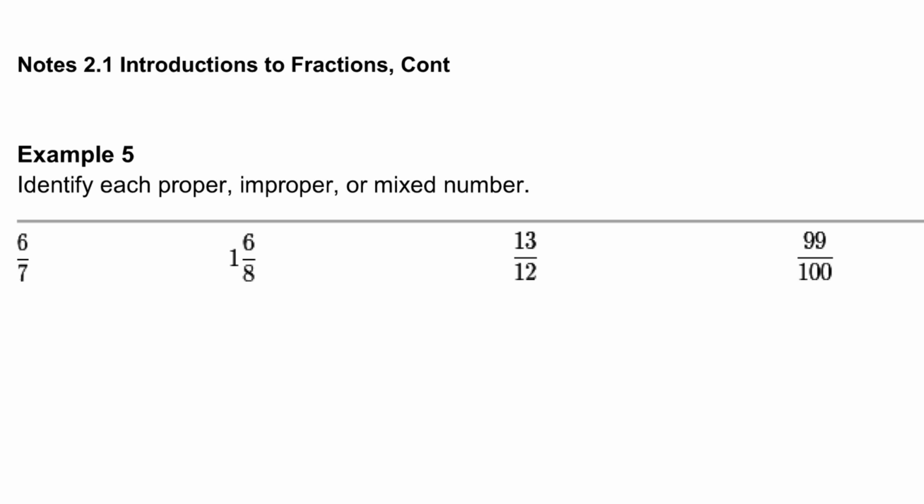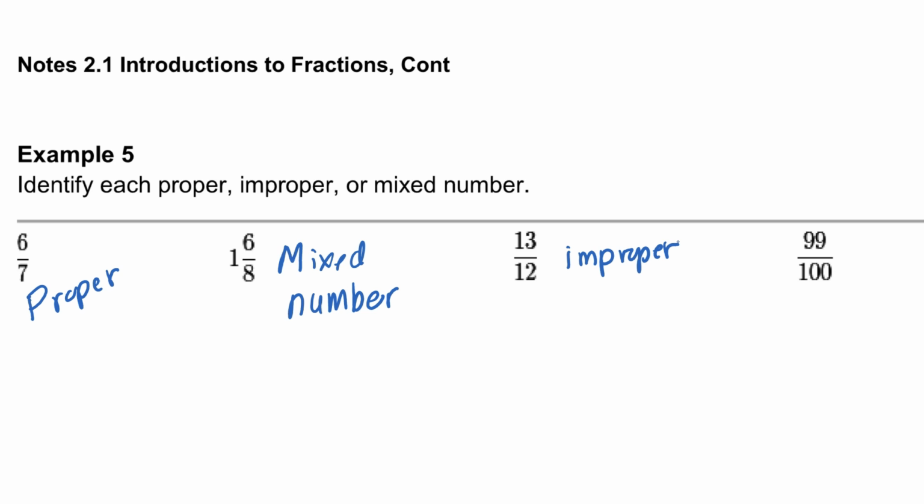In this example, I asked you to identify each as a proper fraction, improper fraction, or a mixed number. 6 over 7 is considered a proper fraction because the numerator is less than the denominator. 1 6/8 is a mixed number because it has 1 as a whole, and then it has a fractional part, 6 over 8. 13 over 12 is considered an improper fraction because 13 is larger than the denominator, 12.